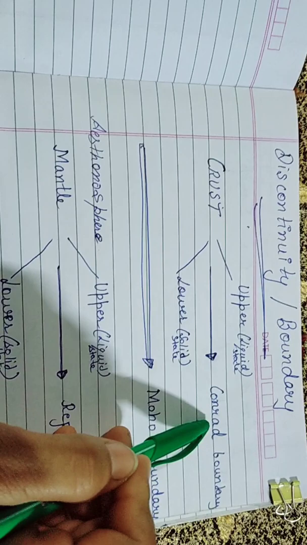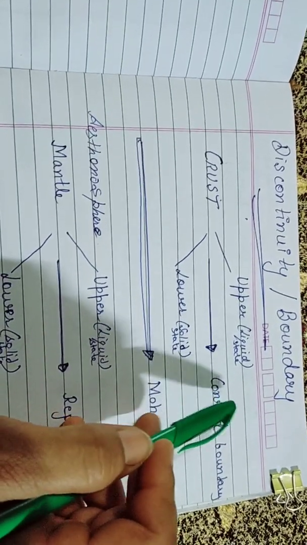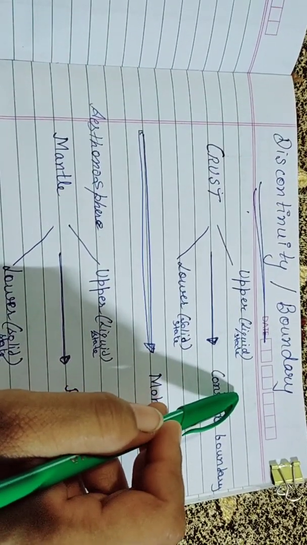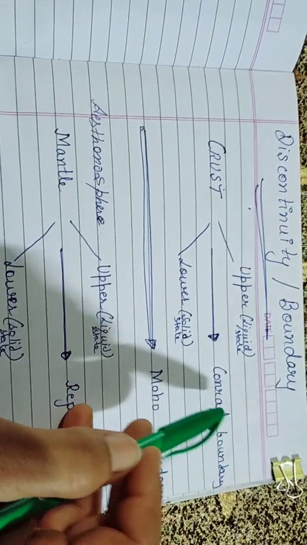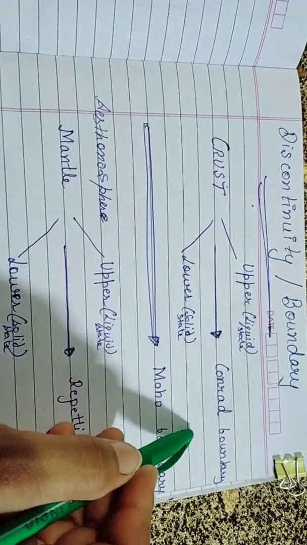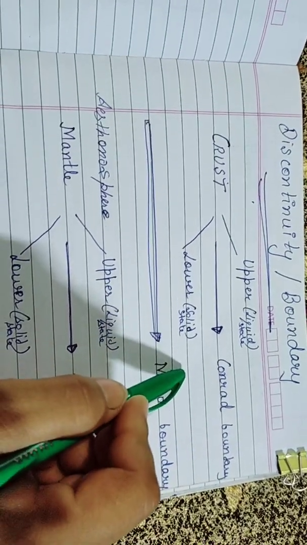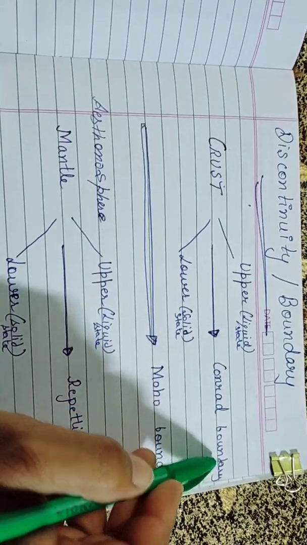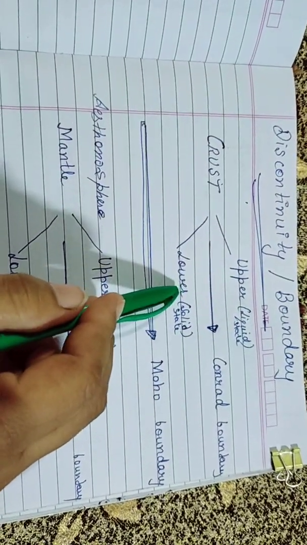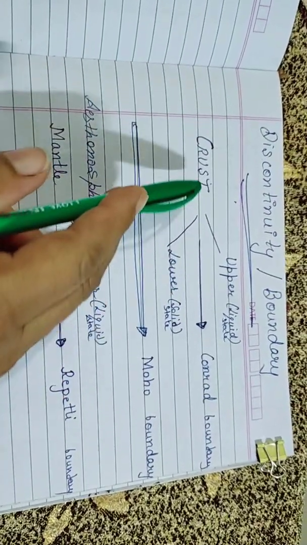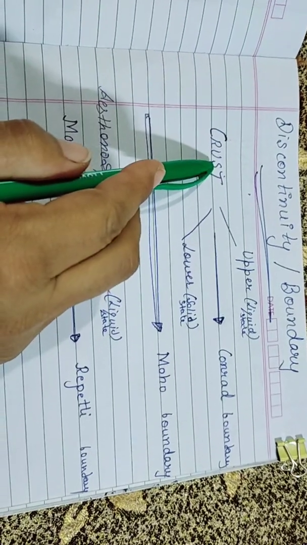It tells us that what is on the upper side is liquid, and the lower side is solid. So the Conrad boundary is between the upper and lower crust, right? So after the crust, what will come next?